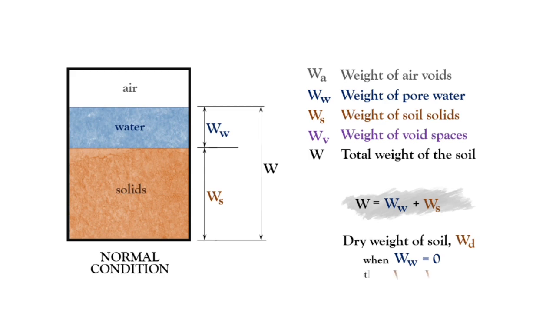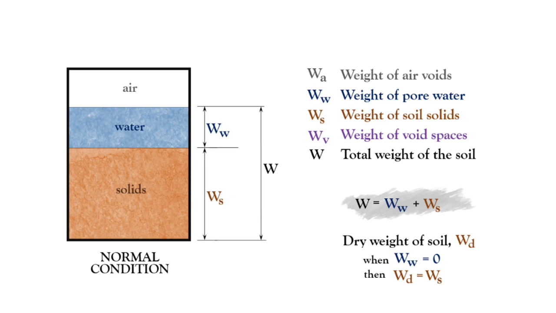So then, kapag nag-dry nga, or let's say the value of the water is equals to 0, then the dry weight is just the weight of the soil solids. So, dahil wala na ngang water, solids na lang yung matitira at ang total weight natin is what we call the dry weight or the weight of the soil solids. Ito ay pwede nating pagpalitin. So, interchangeable yung W sub D sa W sub S. Kasi nga naman, ang dry weight is just the soil solids.